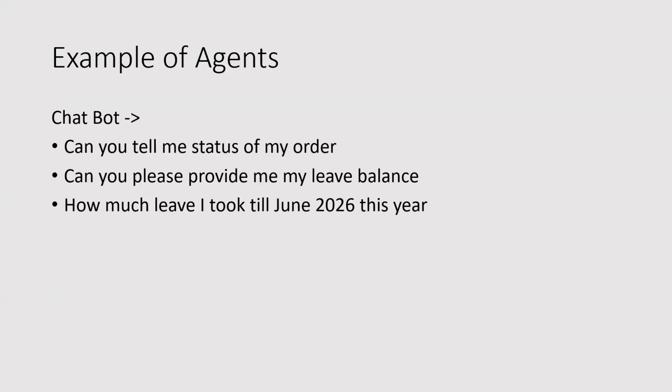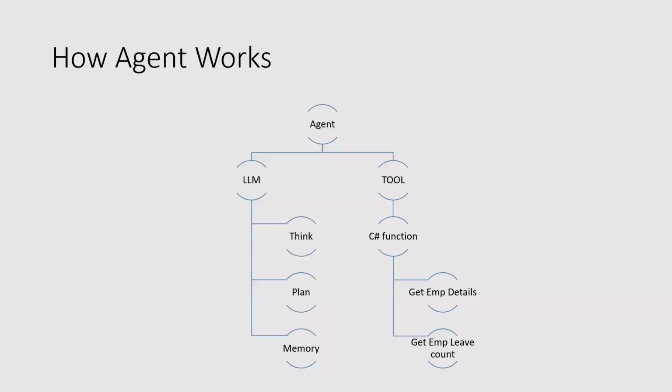See, the LLM will never have any capability to go into your database. It will only provide instructions that you have to go to the database. I am coming to that. So the LLM will think, the LLM will plan, and the LLM also has memory.